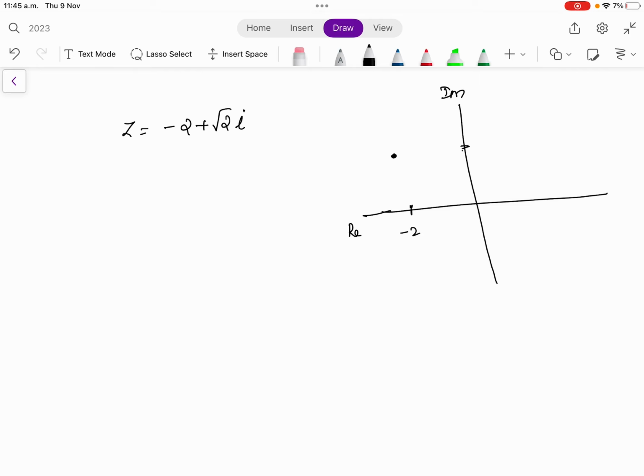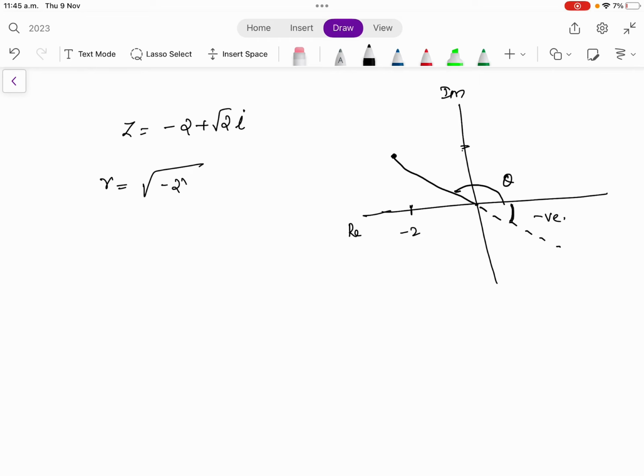So this is the point, this is the complex number, and this value is theta from the positive direction of the x-axis, and you will get a different number here, which will be the negative value. Okay. So for this case, I'm going to find r.